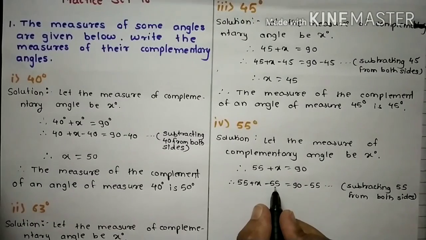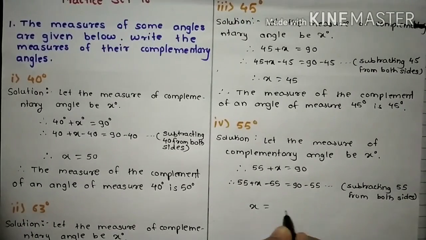55 minus 55 is 0, and 0 plus x is x, which is equal to 90 minus 55, which is 35. This is the measure of the complement of 55.